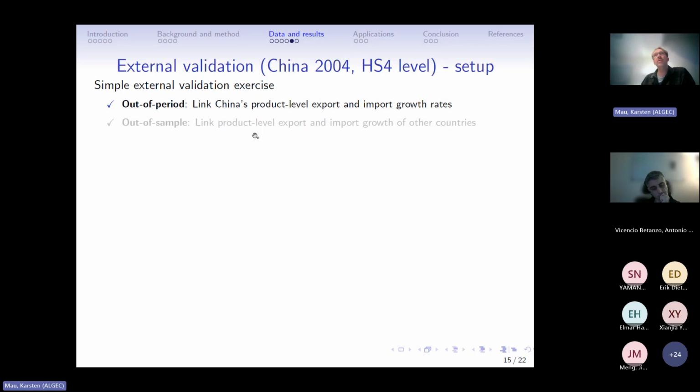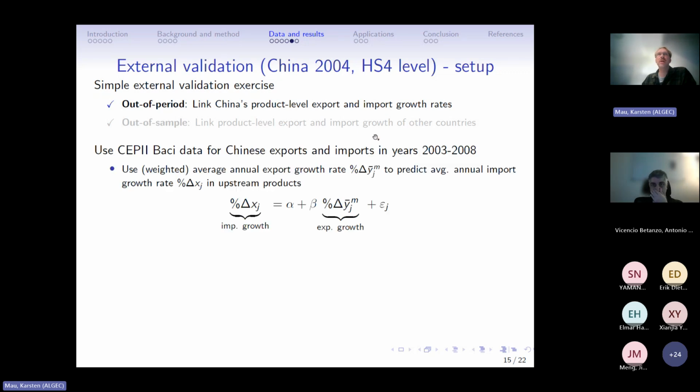So we take the average annual growth rate of products at the 4-digit level for China over a period of 5 years, and we estimate in a simple regression whether this average annual import growth rate of product J can be predicted by the weighted average of the average growth rates of all the downstream export products that we have matched to the input.